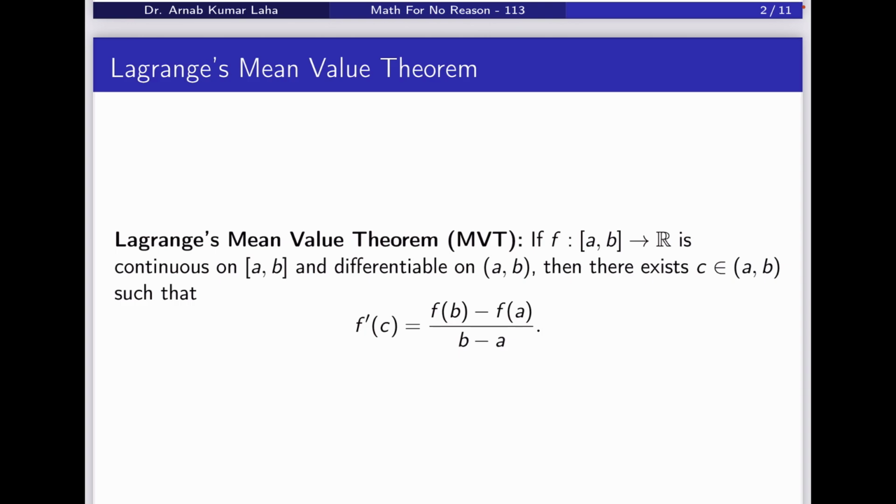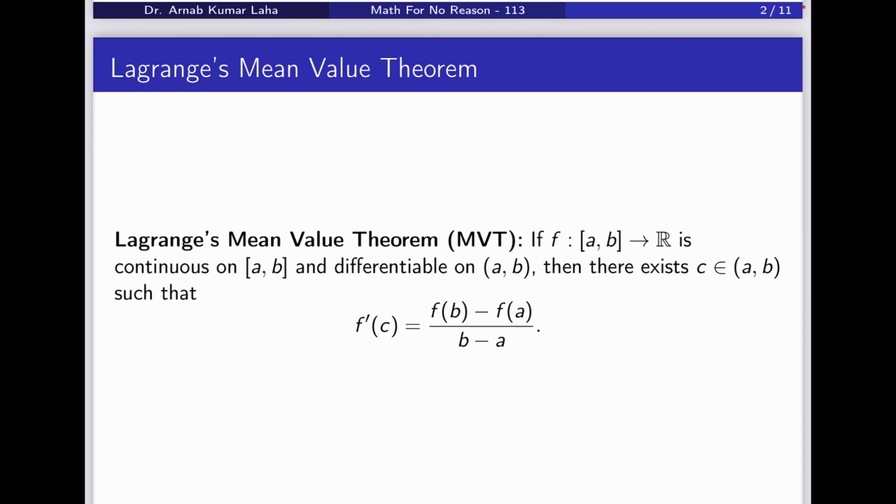b minus a. You may note that the right hand side is the slope of the secant joining the points (a, f(a)) and (b, f(b)), and the left hand side is the slope of the curve at the point c.